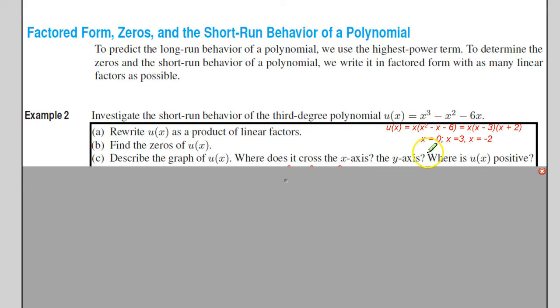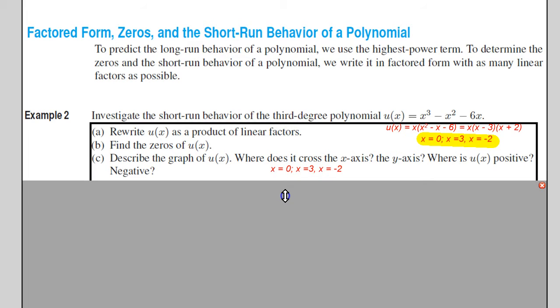If x is a linear factor, that's the same thing as x minus 0. So x equals 0 is a zero. x equals 3 is a zero because of the linear factor x minus 3. And x equals -2 is a zero because of the linear factor x plus 2. And so now we have the x-intercepts of the graph. We already know the y-intercept of the graph is 0.